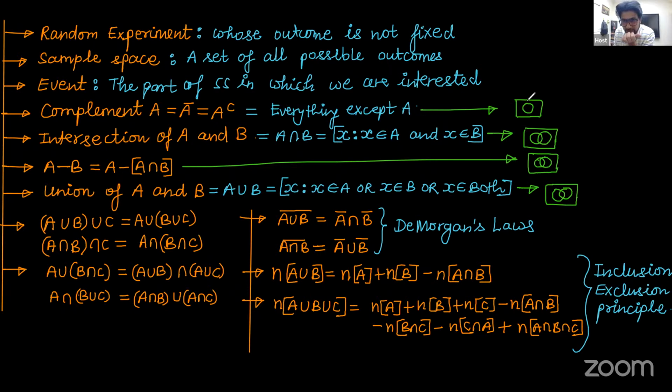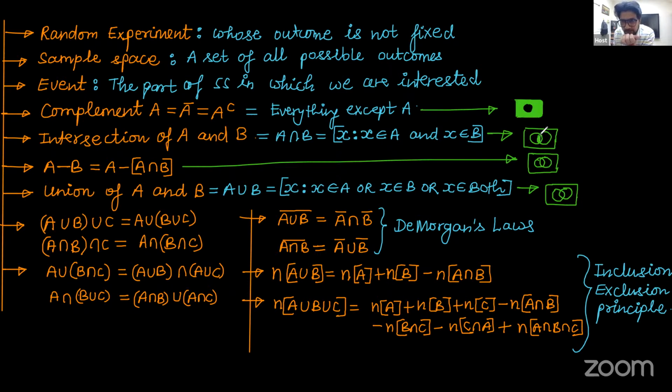Complement of A will be represented by everything other than A. Venn diagram is actually a very powerful tool. Some problems that you otherwise solve in a very complicated manner can be solved using a Venn diagram just like that.